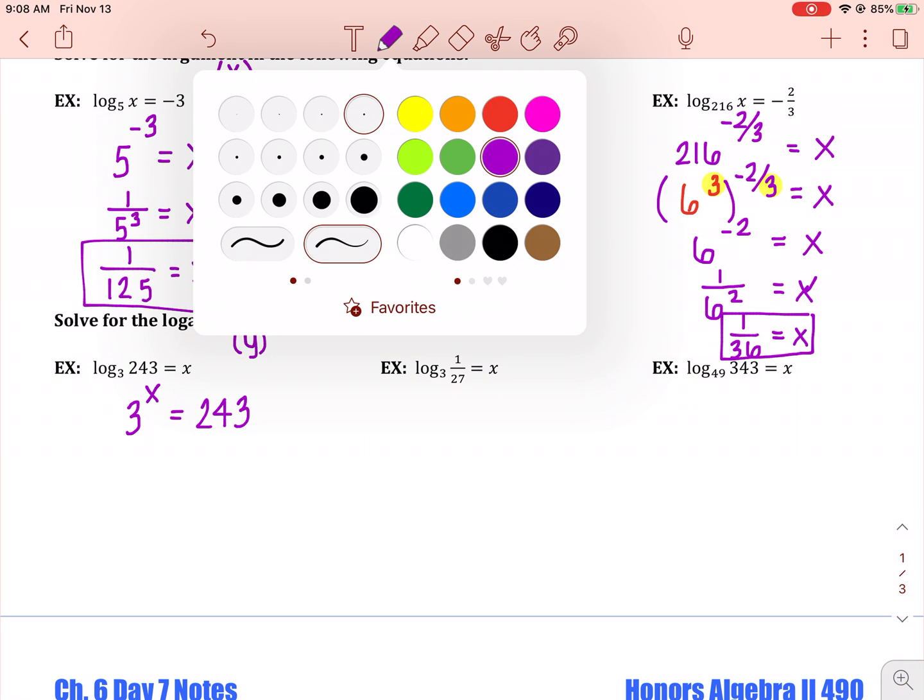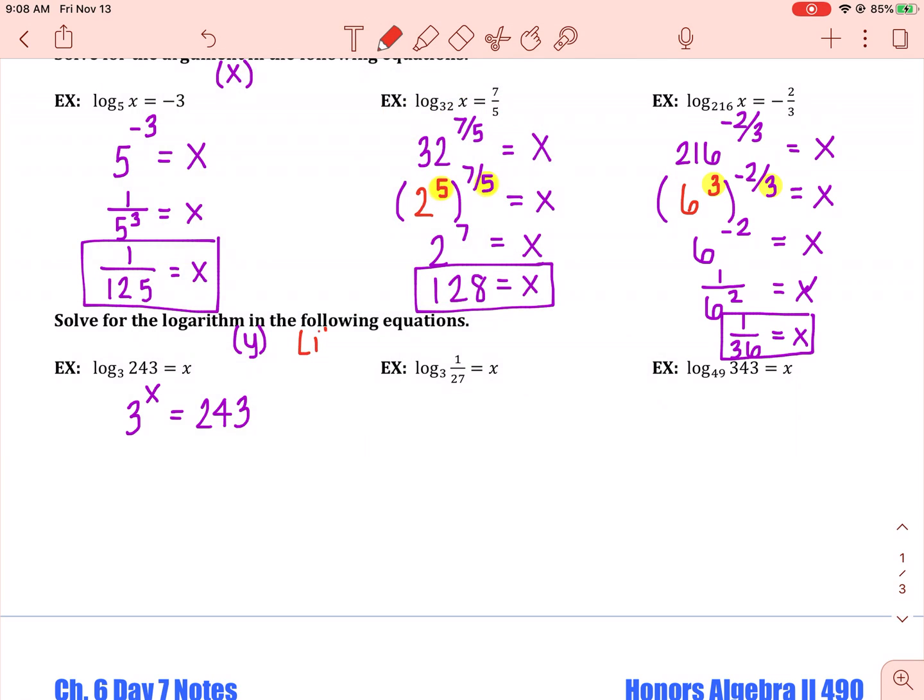Let me write that down. If you have equal like bases, again this is in your other notes, that implies you have equal exponents. Okay, that shouldn't be new.